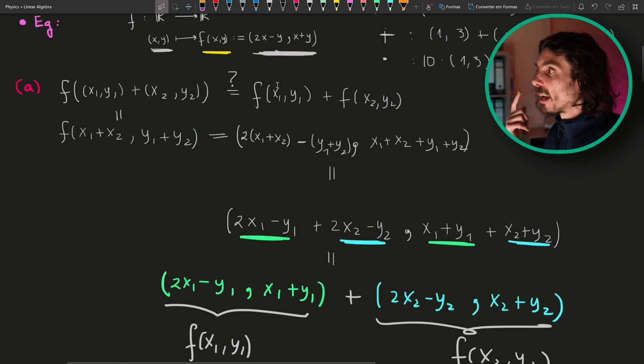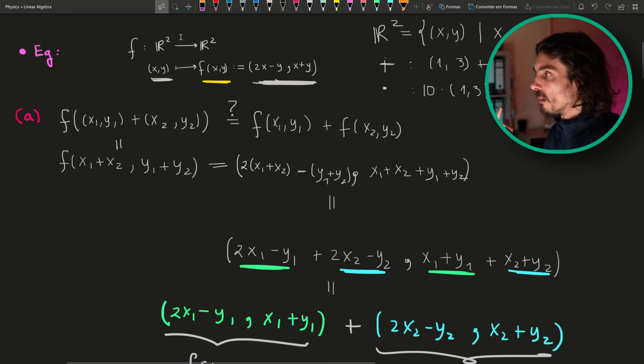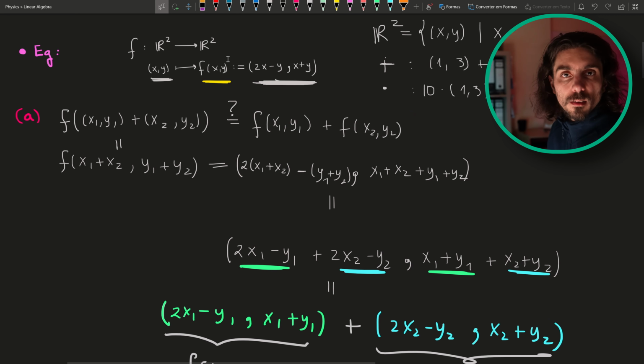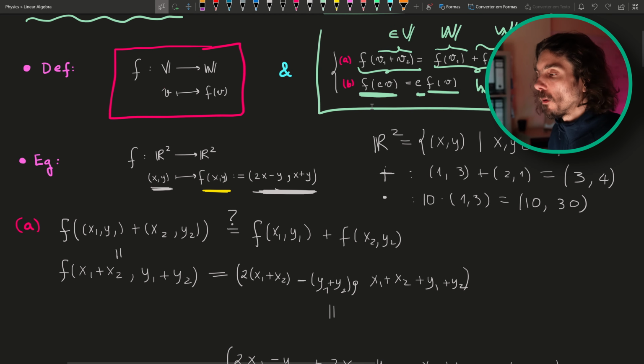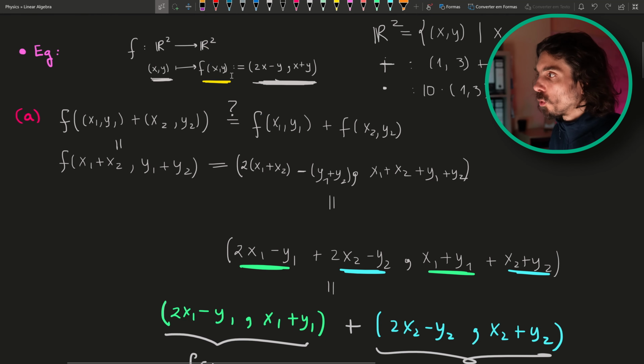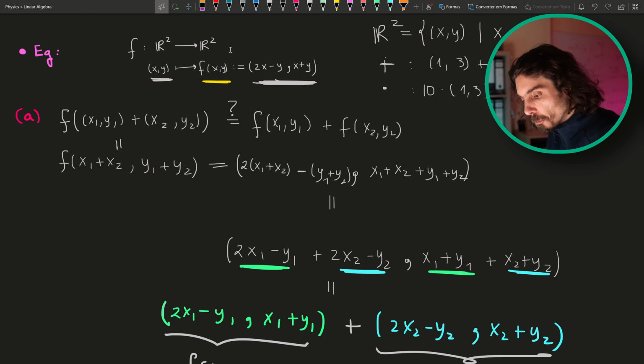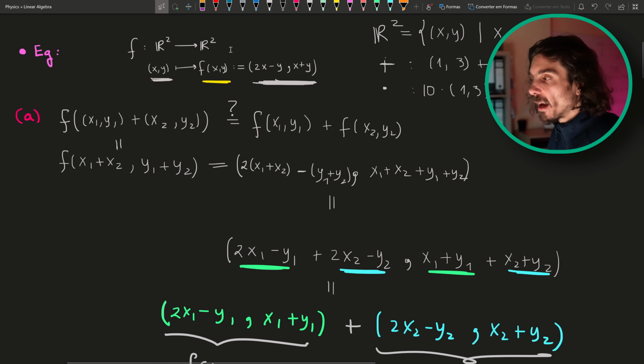Therefore, we can say confidently that this connection, which is described here, is indeed a linear function. That's it. You need to verify these two properties. So what you see here is not just any connection. It is specifically a connection where A and B hold.